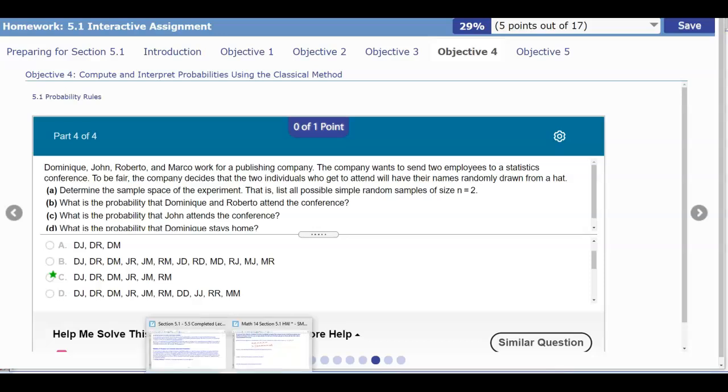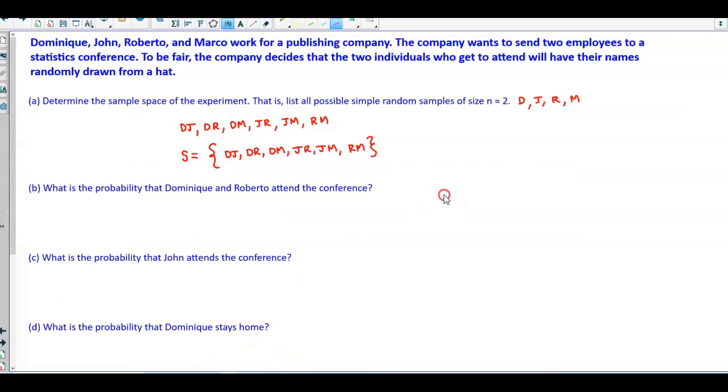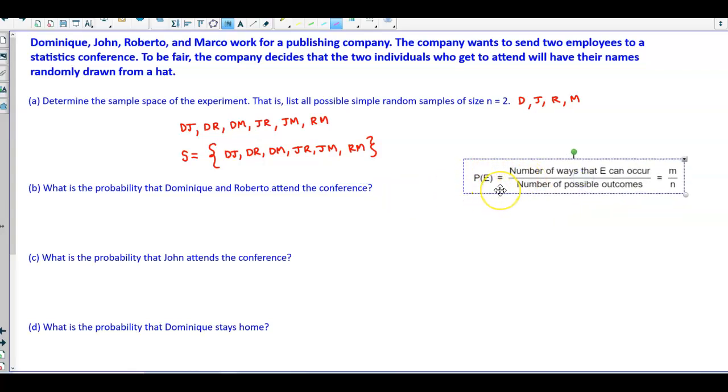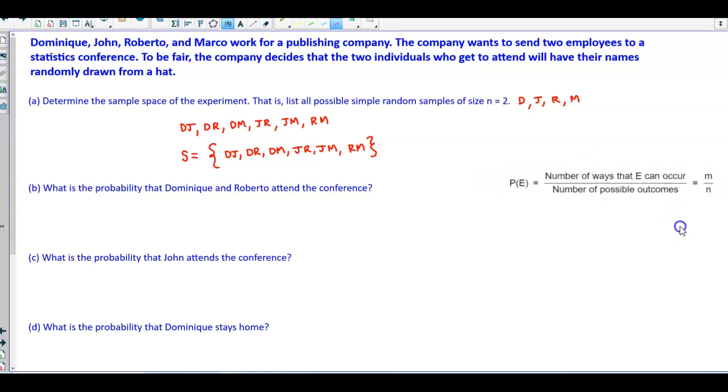Now let's go back to answer part B. It says, what is the probability that Dominique and Roberto attend the conference? Remember that the probability of event E is equal to the number of ways that E can occur over the number of possible outcomes. So what is the event E?